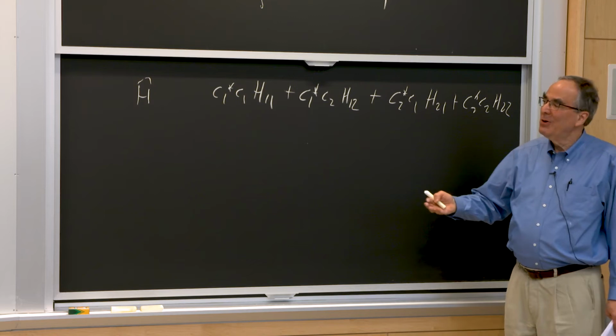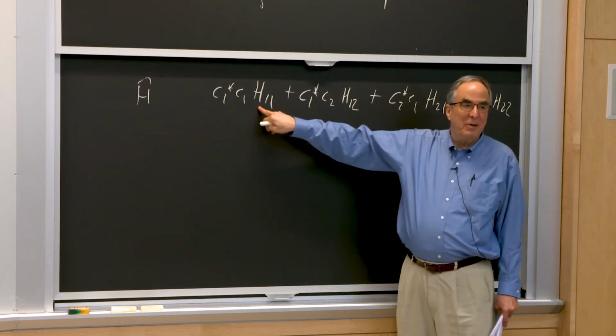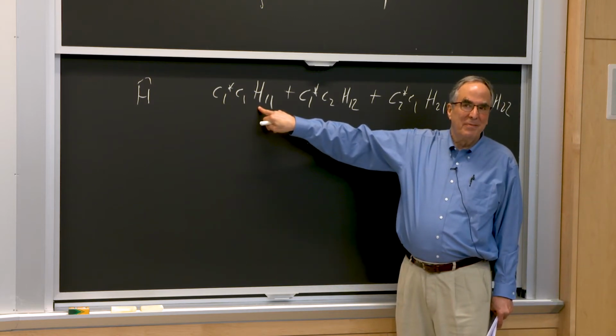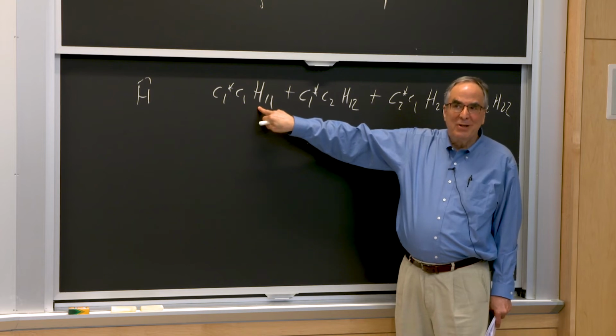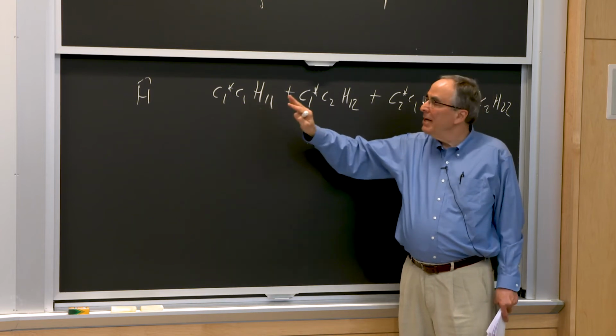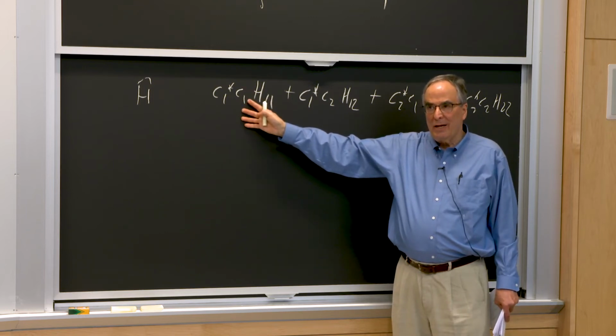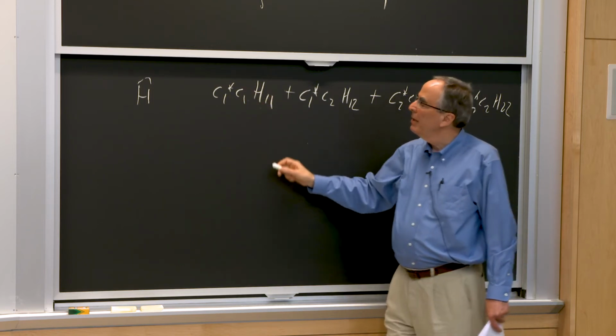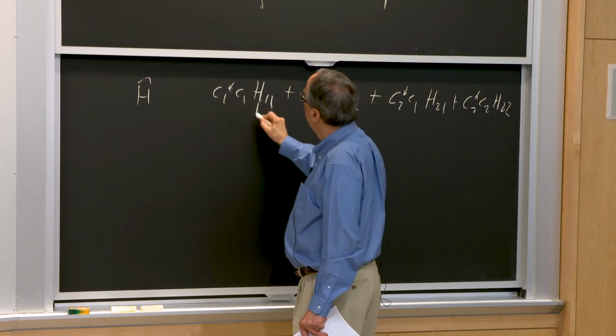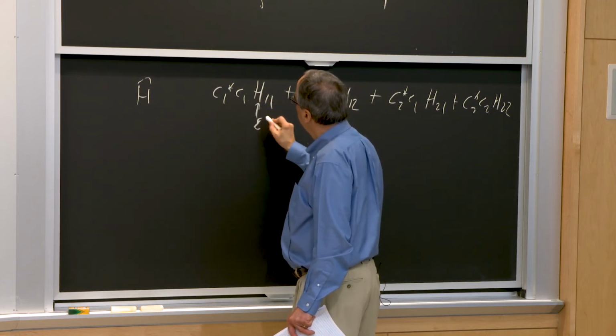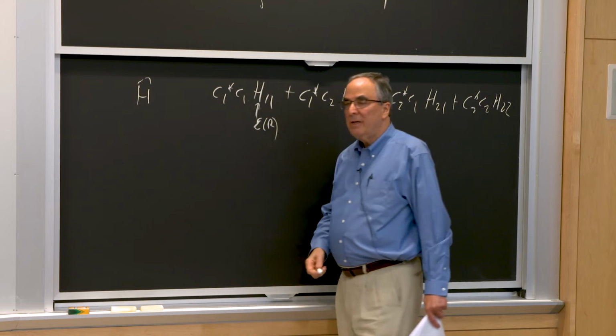Okay, we think we know some stuff. We think this is going to be the energy of the hydrogen atom. But it isn't, because this is the orbital 1 that sees both nuclei, and so we just call this guy epsilon, and it is a function of internuclear distance.